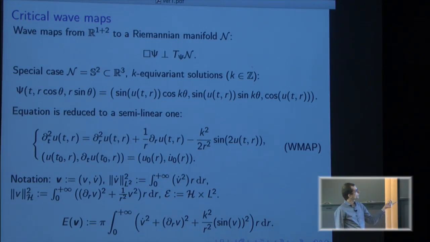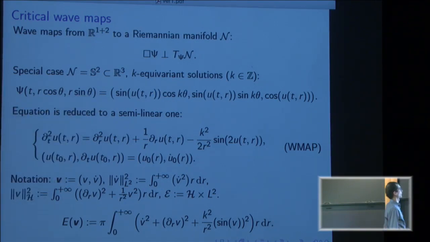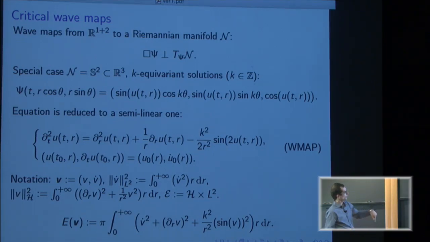This equivariant reduction means that when we follow the half line, let's say of positive x_0, then the values are on the zero meridian of the sphere, and u gives the coaltitude. And then when we make a turn on the argument side, we make k turns on the value side on the sphere.